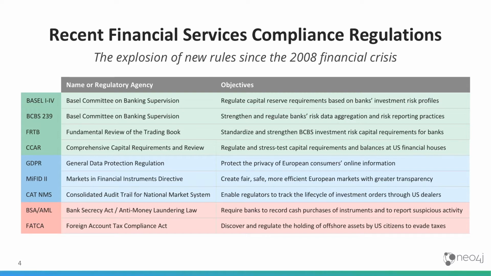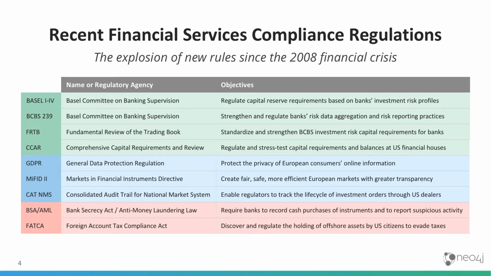Then the fundamental review of the trading book is around trading desks, trading books and banking books, and how trading desks need to reserve capital based on the risk levels they're trading at. And then you have CCAR and so on and so forth.